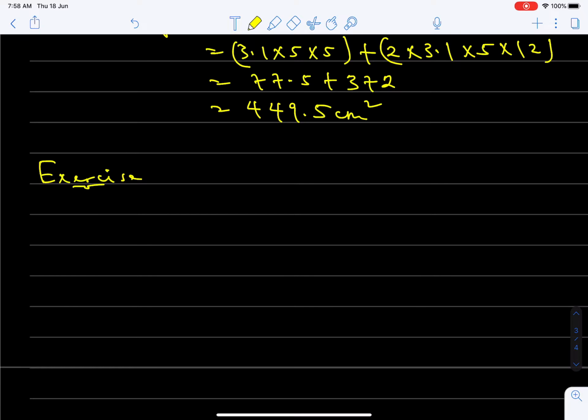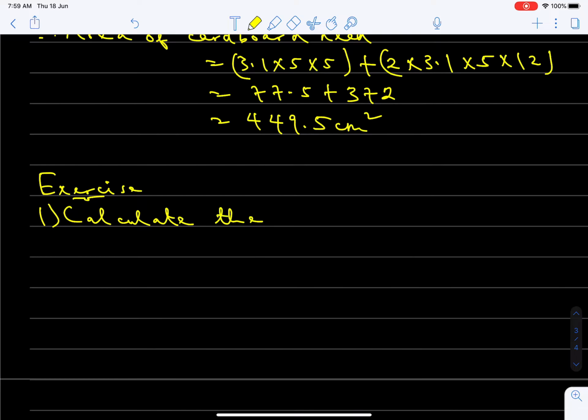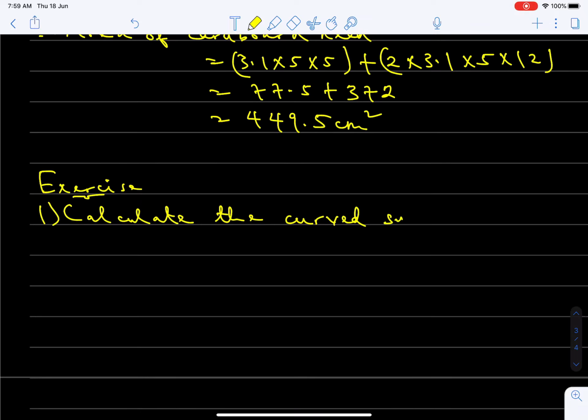So you answer these questions. Number 1, calculate the curved surface area. Of course you have the formula for that.